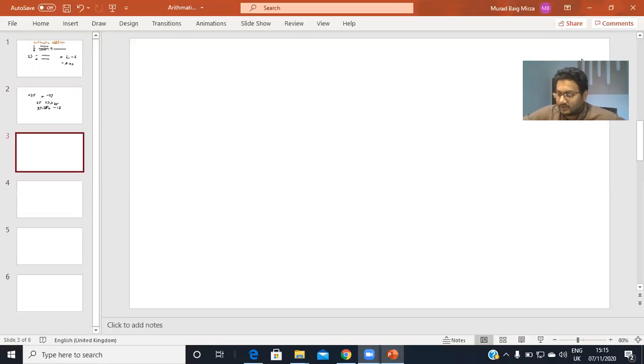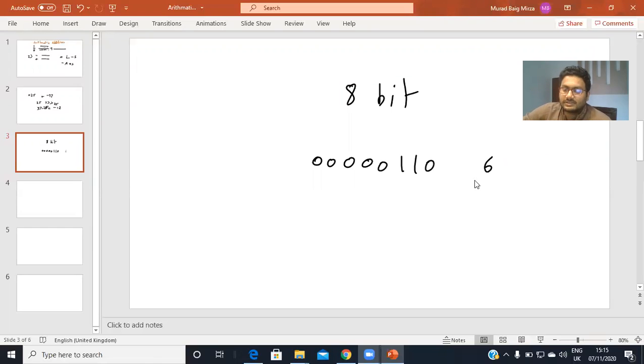In a 2's complement representation, here we will discuss an example. We have two 8-bit numbers. The first number is 00000110. It is an 8-bit number, and it represents positive 6 in decimal form. The other number is 00001101, which represents 13 in decimal.